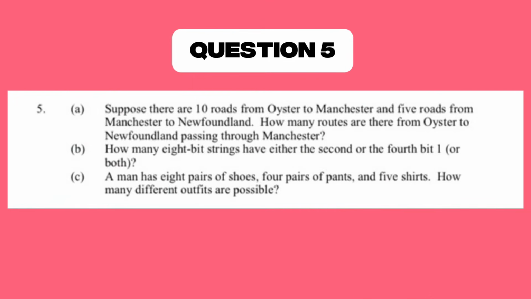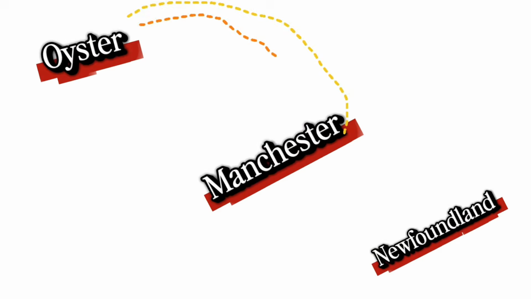Question 5A. Suppose there are 10 routes from Oyster to Manchester and 5 routes from Manchester to Newfoundland. How many routes are there from Oyster to Newfoundland passing through Manchester? Immediately from this question, we're using the multiplication principle because this is like a process. We're starting from Oyster to Manchester.